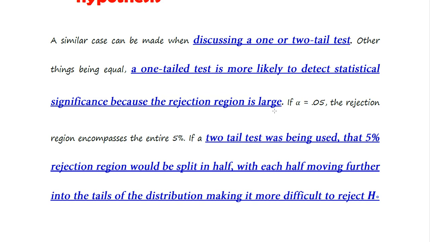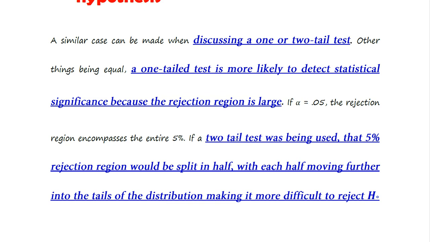For example, if alpha is equal to 0.05, the rejection region consists of the entire 5% region, but in a two-tailed test the 5% rejection region would be divided into halves, with each half moving further into the tails of the distribution, making it more difficult to reject the null hypothesis.